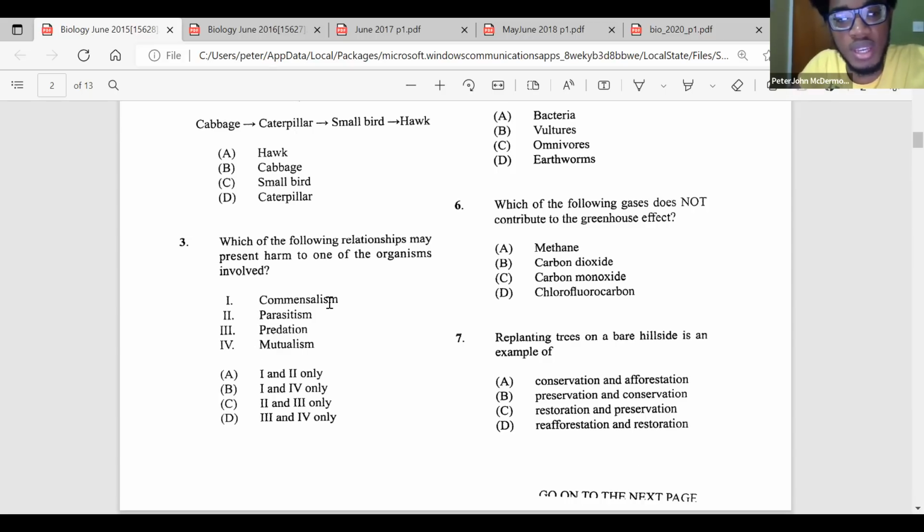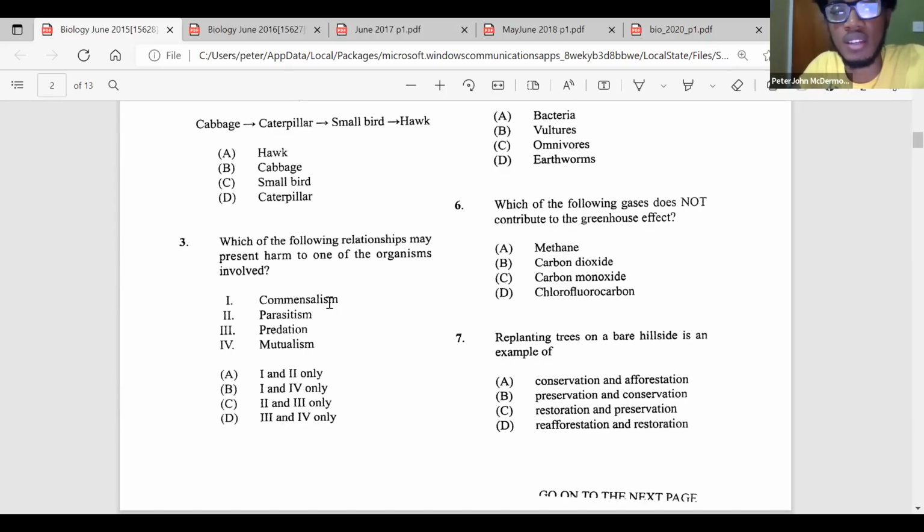Commensalism means that two organisms are, well, let me give an example. There's an egret and an oxen. The egret uses the oxen for ticks and stuff like that.